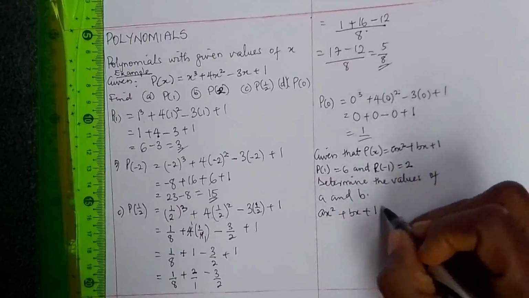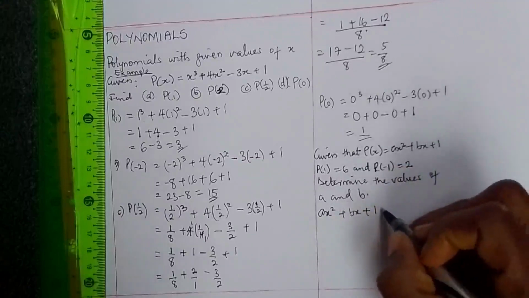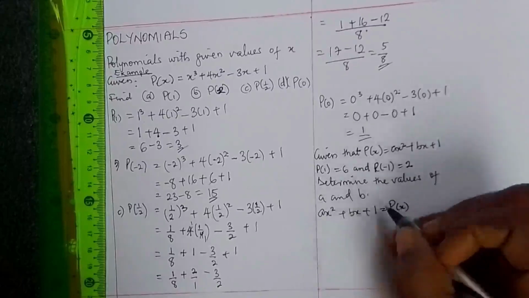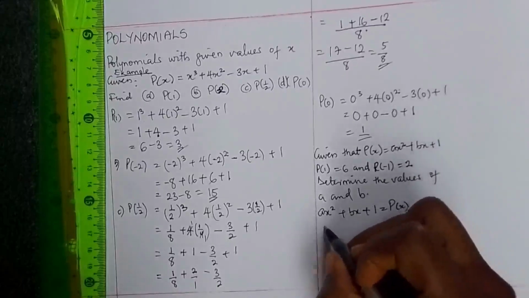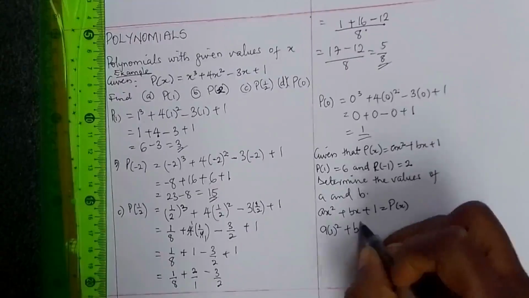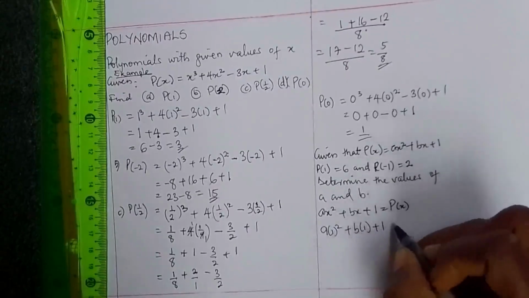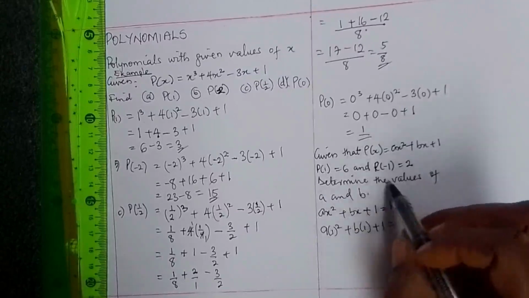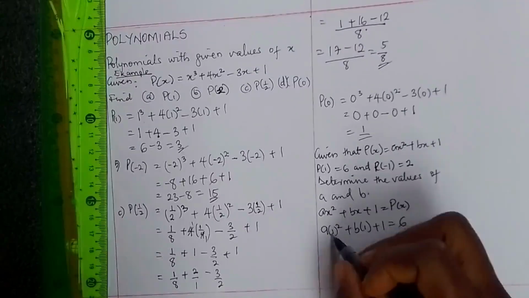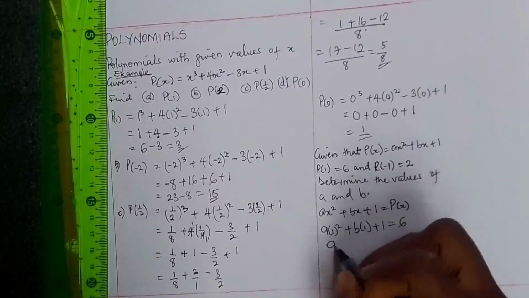Okay, so we put 1. This is P of x. P of x is equal to this. So we have x is 1, squared, plus b, x is 1, plus 1 is equal to P of 1, which is what? 6. So we have 1 squared is 1. 1 times a is a.